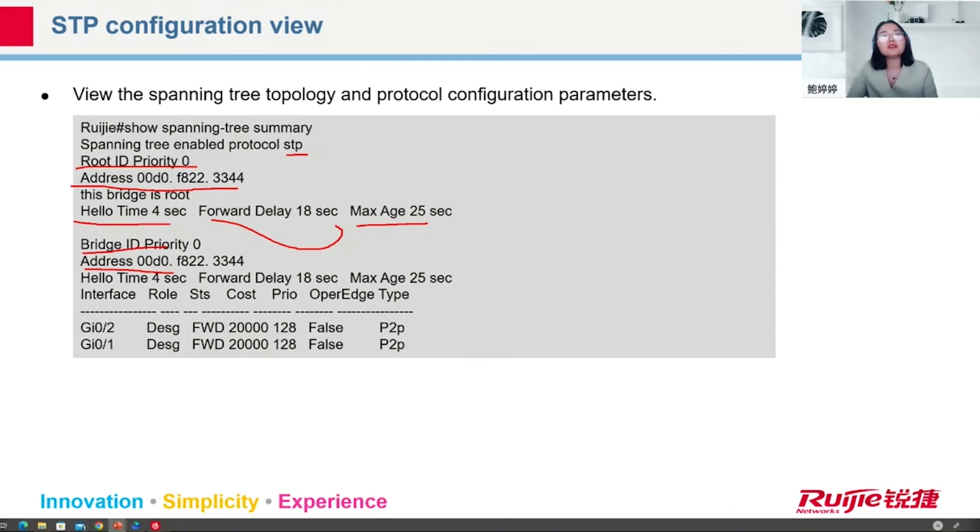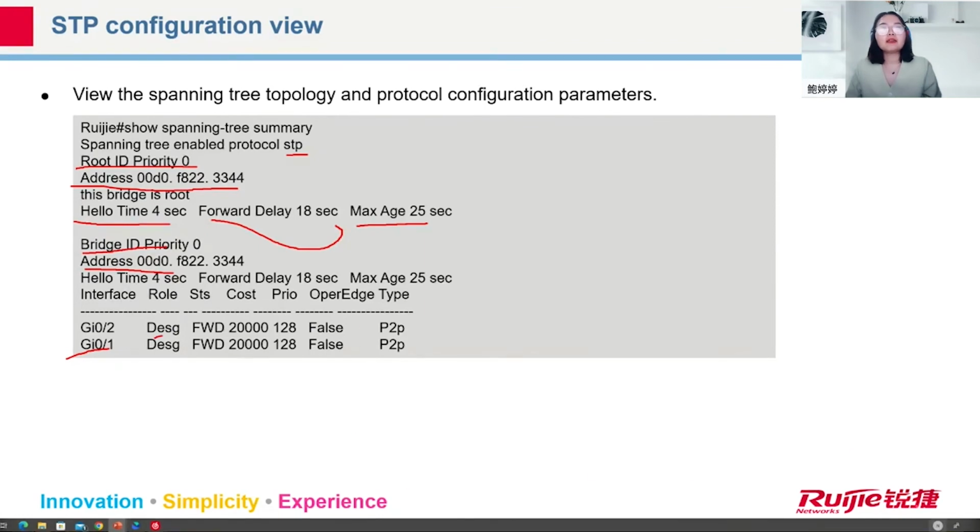And here are the interfaces where we already enabled spanning tree. Now we have two interfaces running spanning tree. The role of these interfaces is DP, which is the short form of designated port, okay? Because this is the root. By default, every interface of the root has the role DP, no RP, right? RP only exists on the non-root bridge.